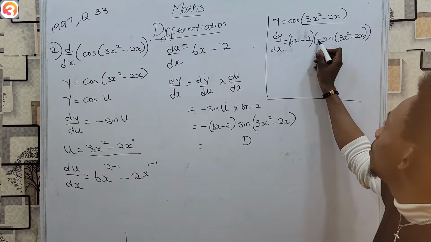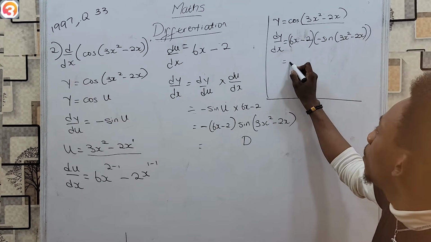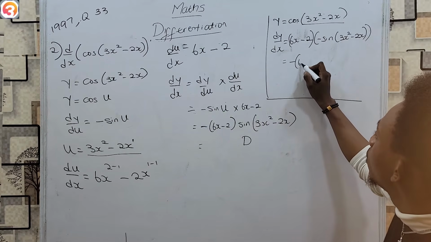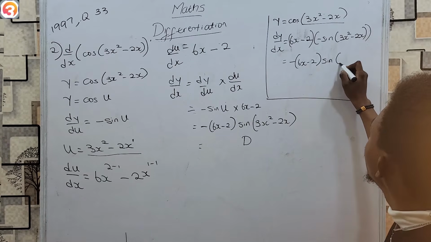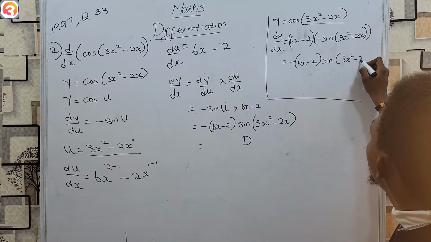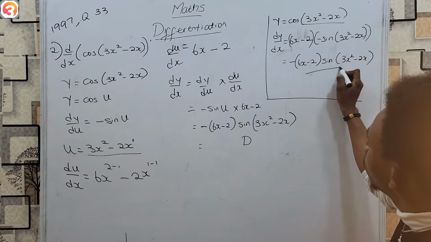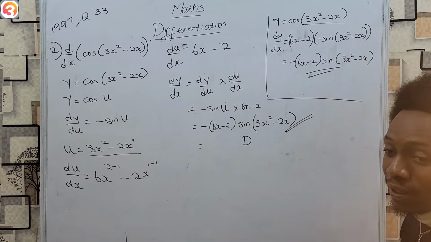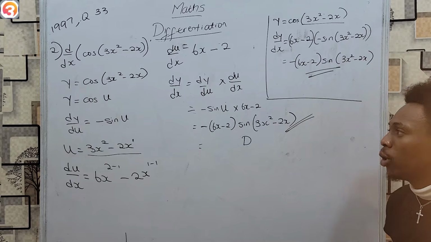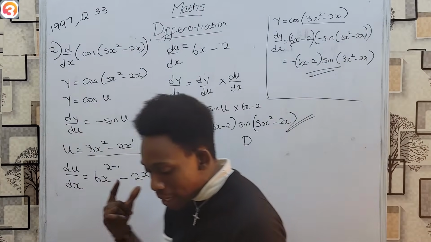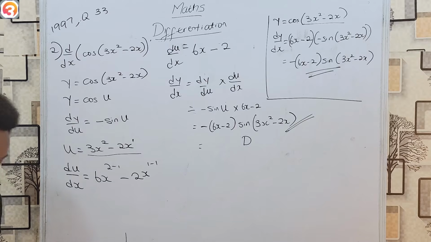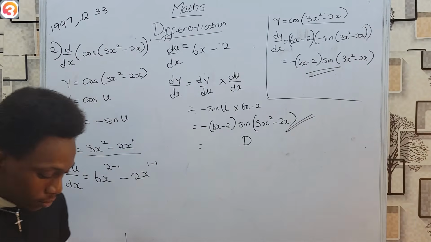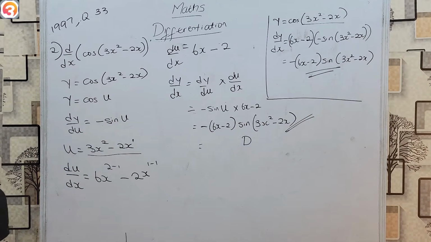If I transfer this minus to the front, that becomes minus open bracket 6x − 2 sine(3x² − 2x), which as you can see is the same as this. So any method you apply, as long as it is correct for that scenario, you are guaranteed to get your answer. So that is that for that.